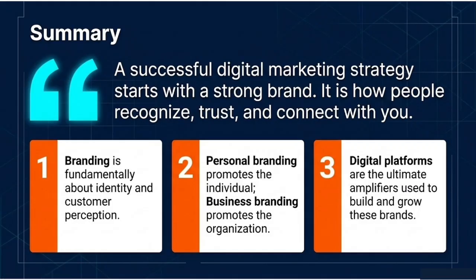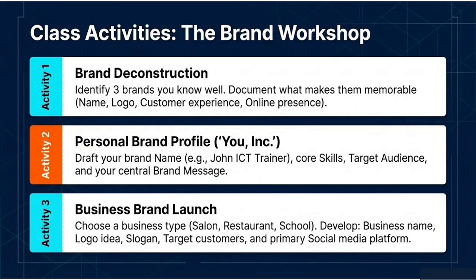We have been able to define it. We have also looked at personal branding as something that promotes you as an individual. Meanwhile, business branding promotes the whole organization or company. We have also looked at some digital platforms which we can use to amplify or push our personal brands or our businesses.